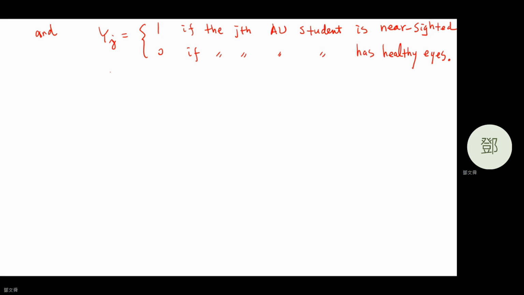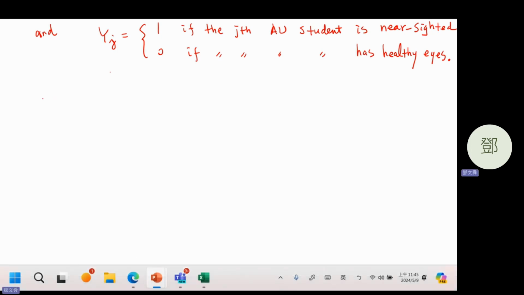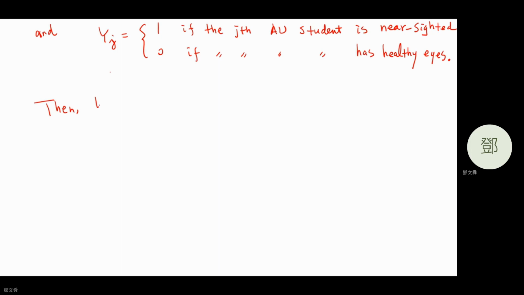And then by the law of large numbers, X bar will be very close to P1, and Y bar will be very close to P2.